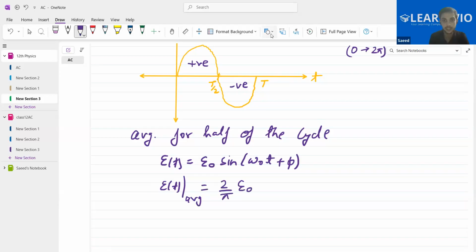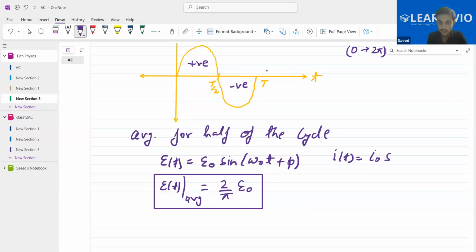This is the mathematical way of deriving this. I had given you the formula. If you want to derive it, you can derive it, but it is not required. I'm just giving it to you directly here. E naught is here, and I of t is written as I naught sine of omega naught t plus phi. So the average value for this will be 2 by pi times I naught, where I naught is the maximum value.